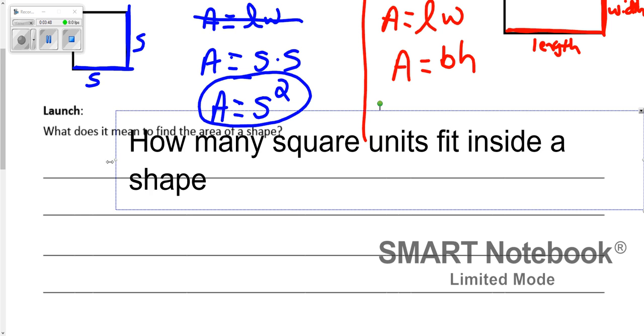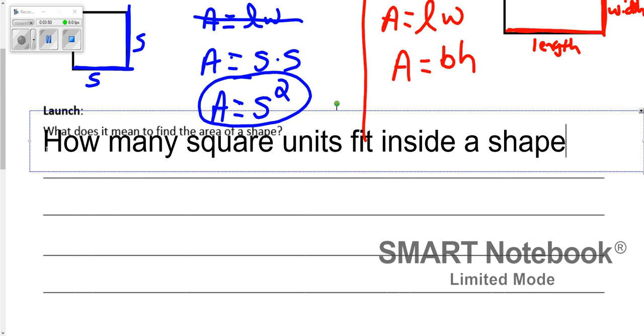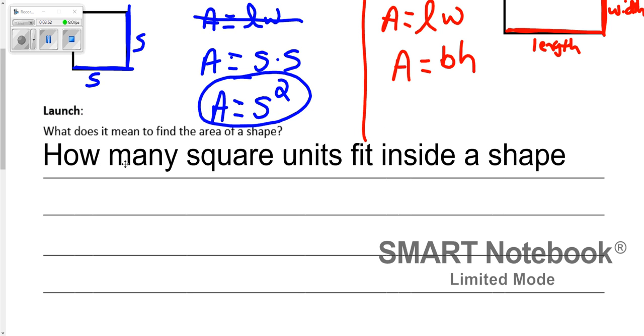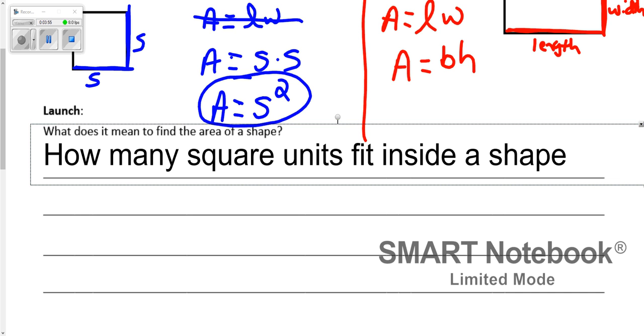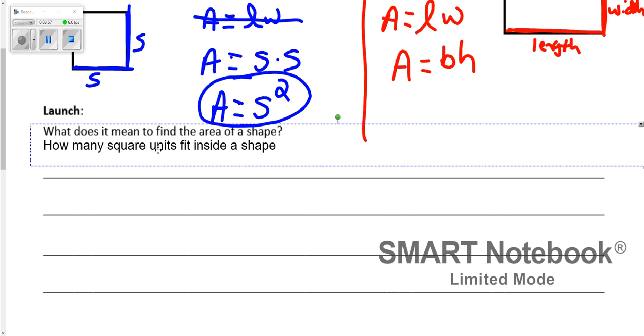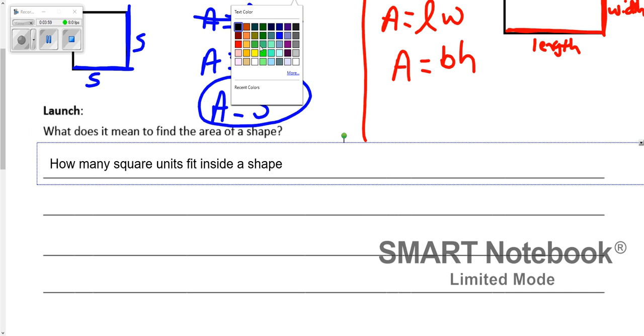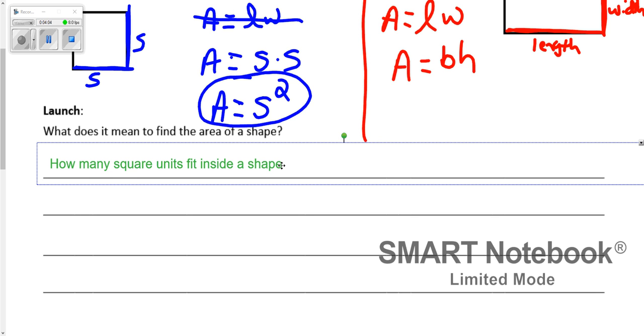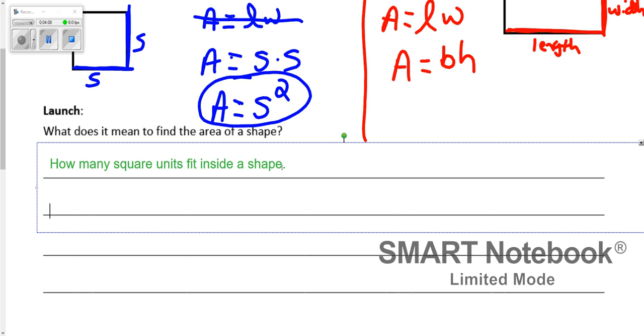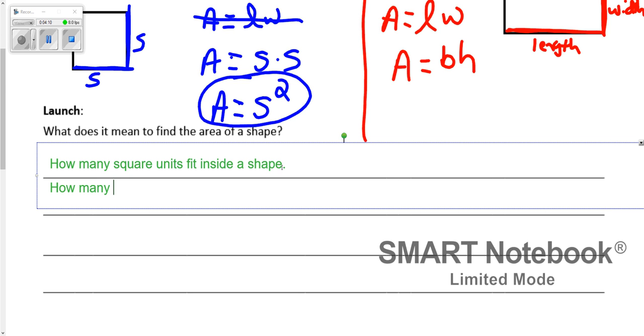I'm going to make this so it looks a little nicer. How many square units fit inside a shape? Or, I'm going to change it to a different color. How about green? Another way of saying that same thing is how many square units a two-dimensional shape takes up.